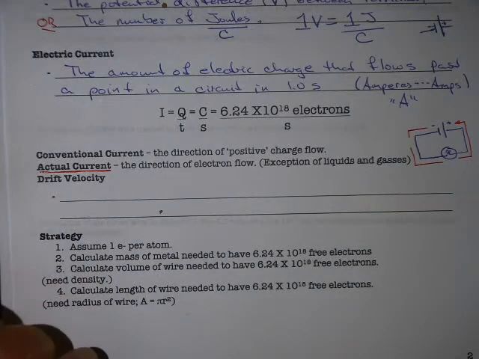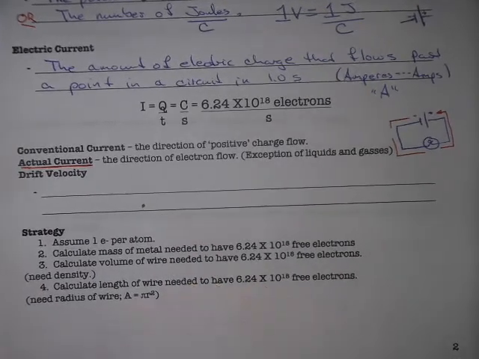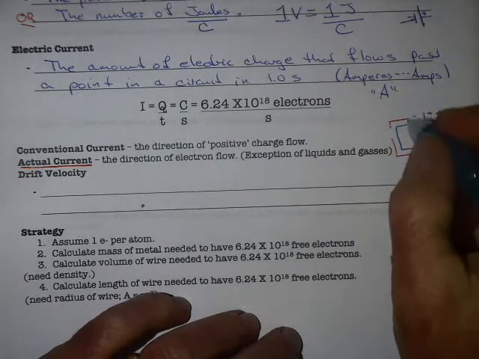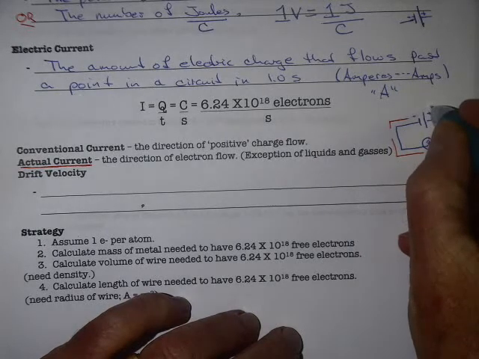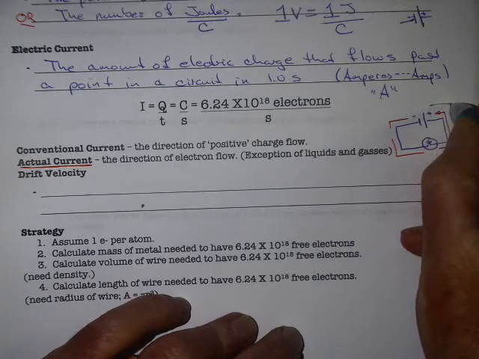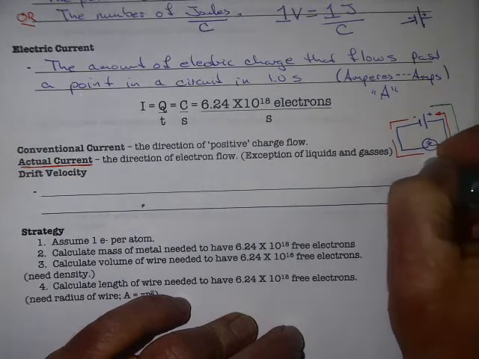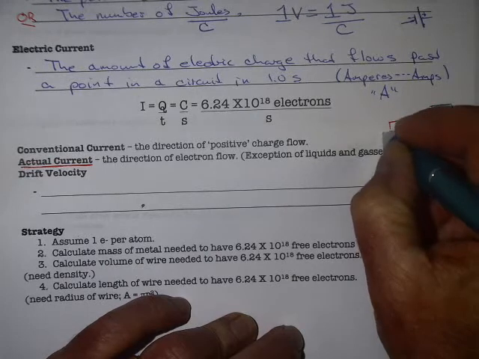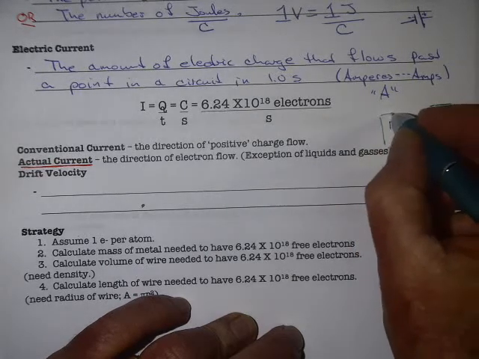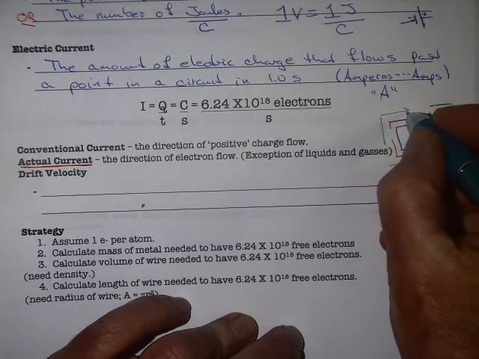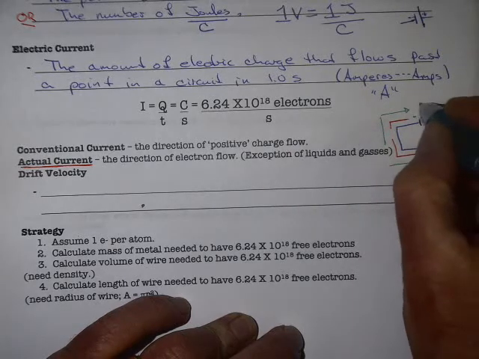Okay. Conventional current. Convention is a word that we use to say this is the norm, this is how we think of things. And so conventional current goes in the opposite direction. It doesn't really, but we think of it that way. There are some problems that are more easily understood if we can think of the conventional current going in that direction.